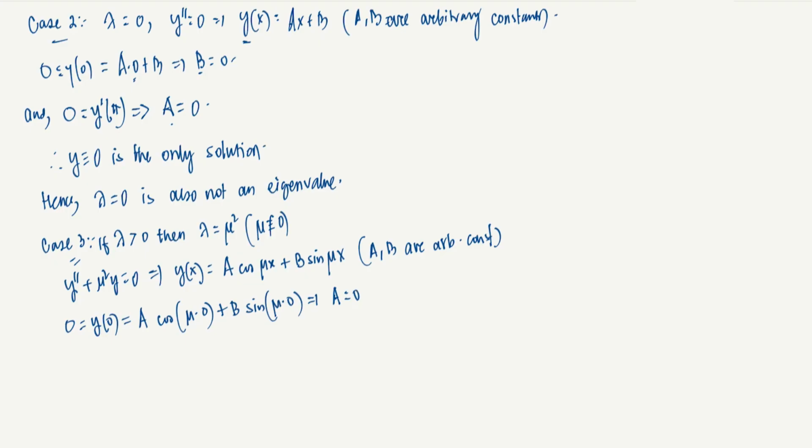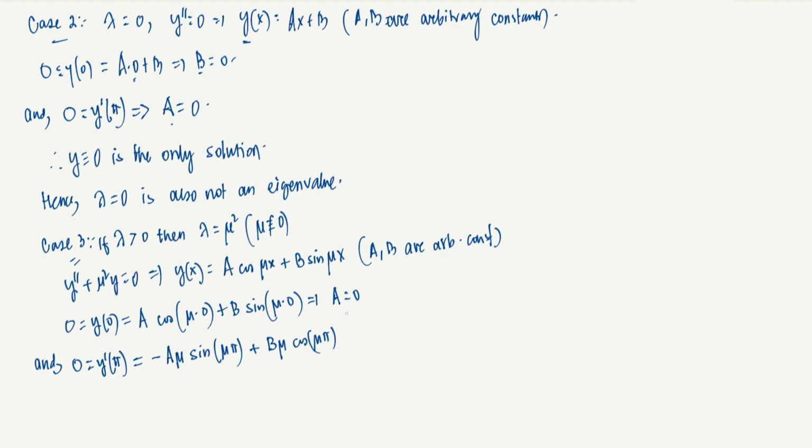Now let's just hope B is not 0. And you realize that 0 equals y prime of pi, right? Now, what is y prime of pi? If you take the derivative here, it becomes minus A mu times sine mu x plus B mu times cosine mu x, evaluated at pi.